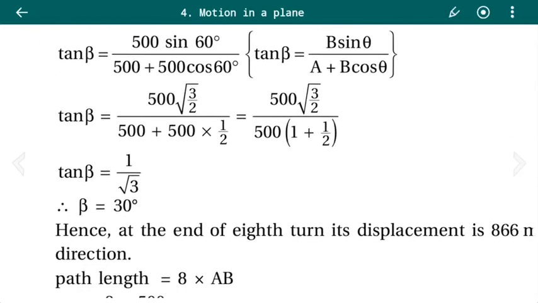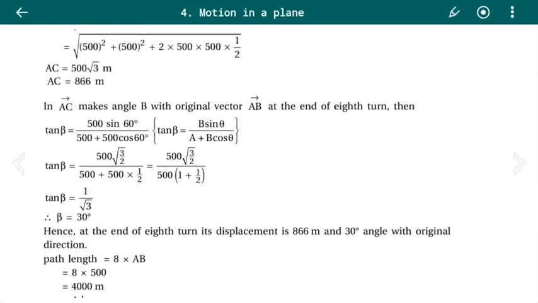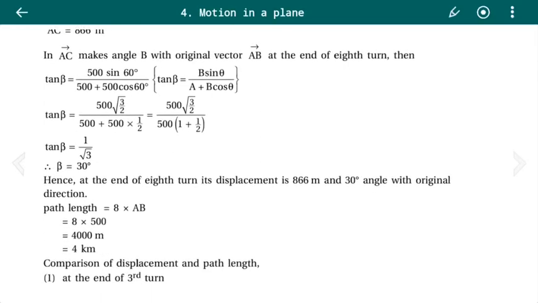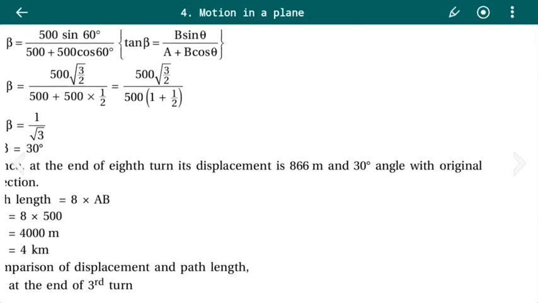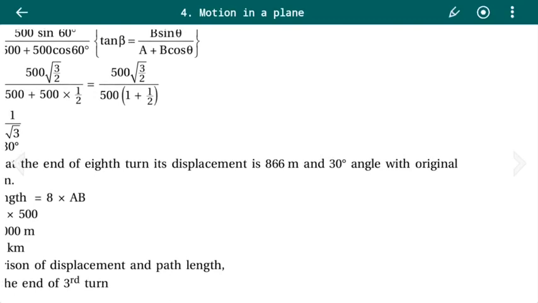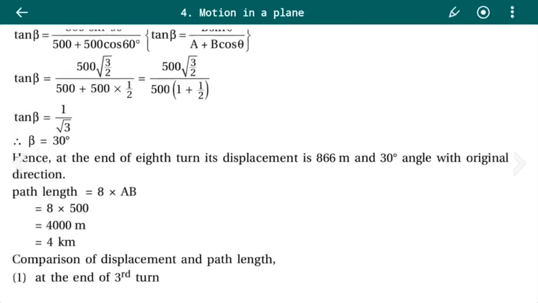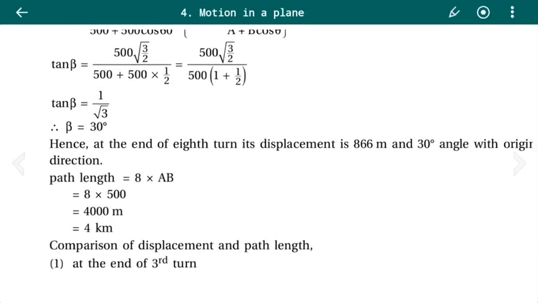So tan beta is equal to 1 upon root 3. Thus beta is equal to 30 degrees. Thus at the end of the 8th turn its displacement is 866 meters at a 30 degree angle with the original direction.